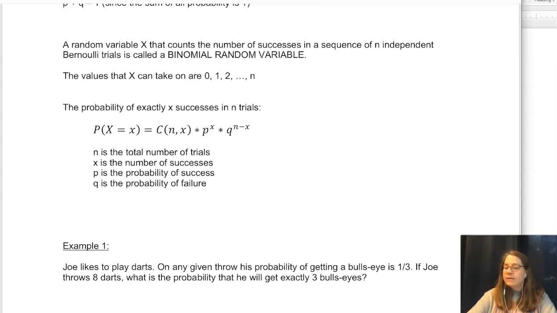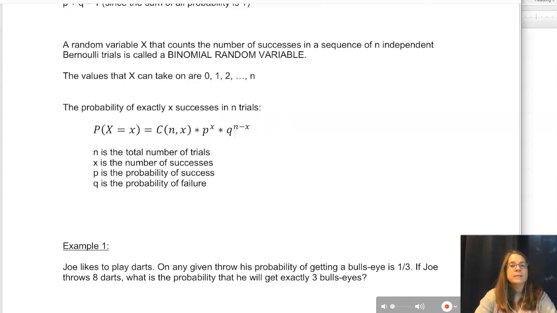The probability of exactly x successes in a sequence of n independent trials is found by calculating the combination of n choosing x, so it's a combination out of n trials, we choose x to be successful, times the probability of success to that number of success power, times the probability of failure to the number of failures power.